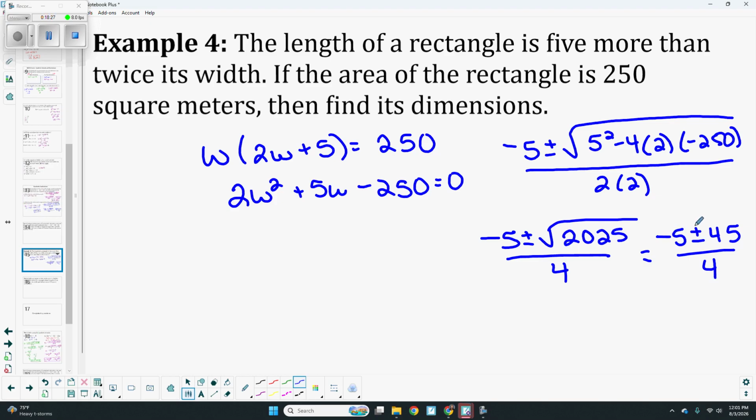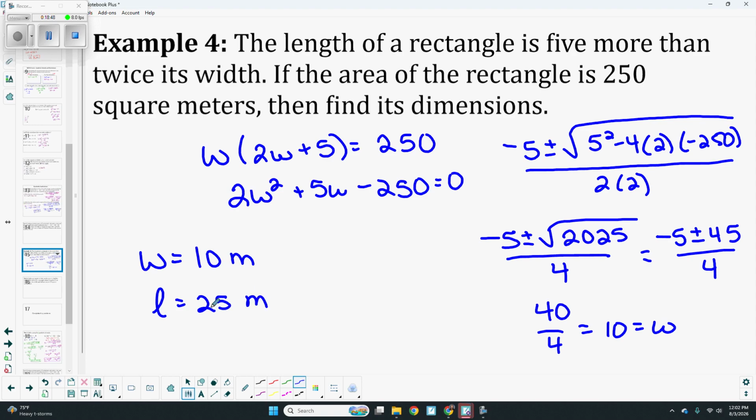Negative 5 plus 45 is 40 over 4, so that would be 10. And that's what w was, right? So my width is 10 meters, and my length, which would be 2 times 10 plus 5, would be 25 meters. And 10 times 25 is 250, so that works. Yay!